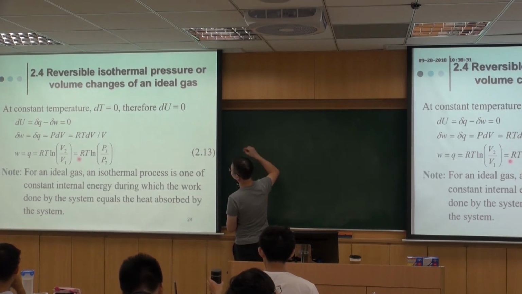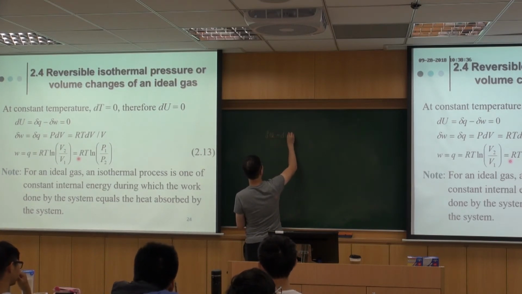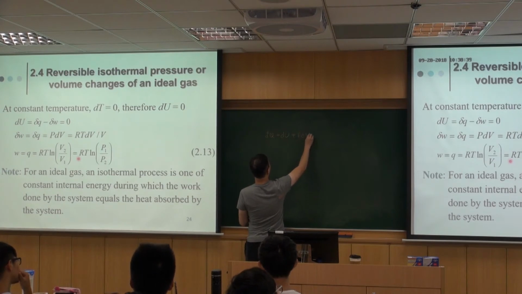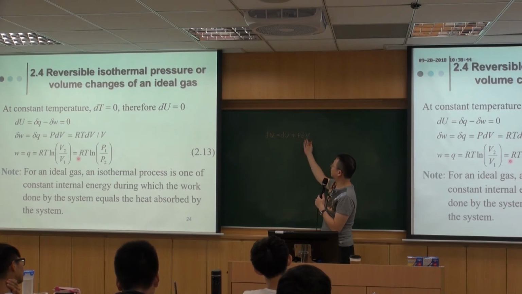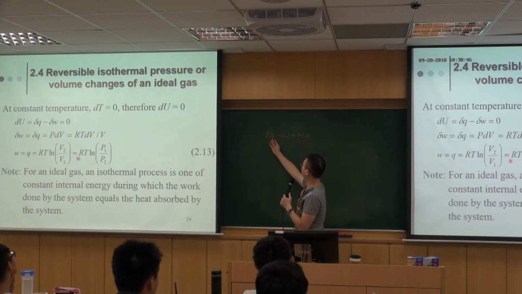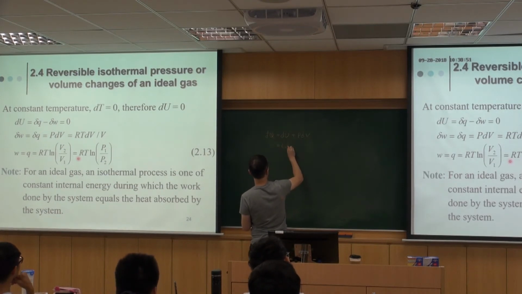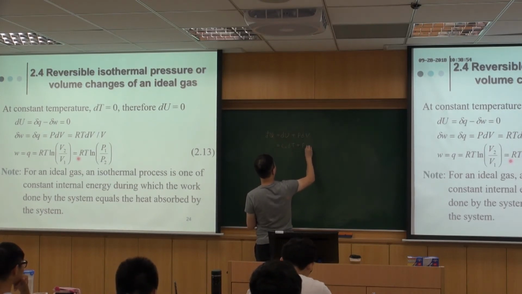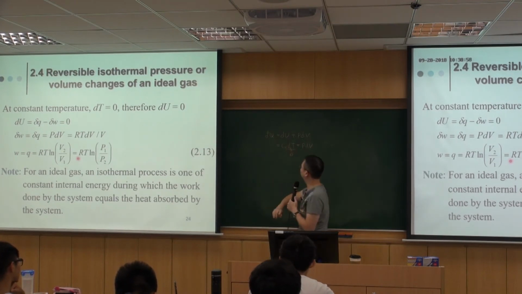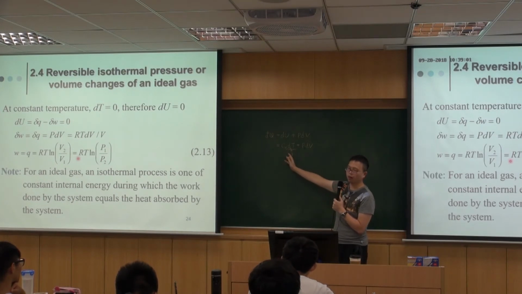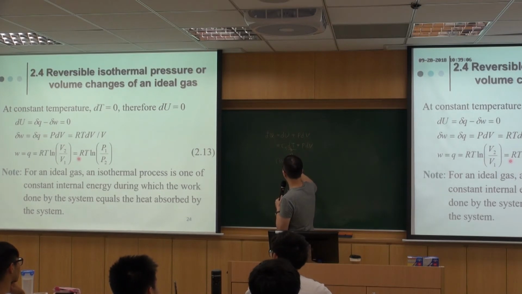So again, for this isothermal process, we will write down this. And for isothermal, we know that this is not 0. You know, this is also not 0. But this is 0 because this is Cv times dT. And we know that for a constant temperature process, or isothermal, dT is 0.